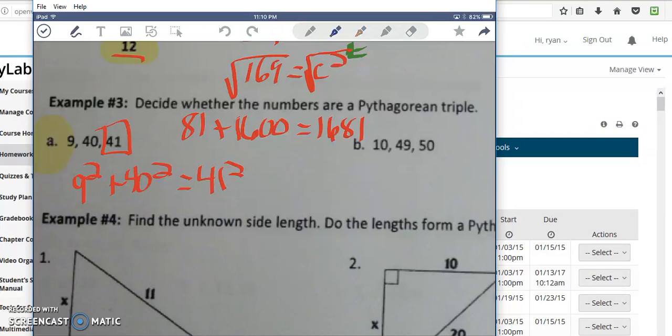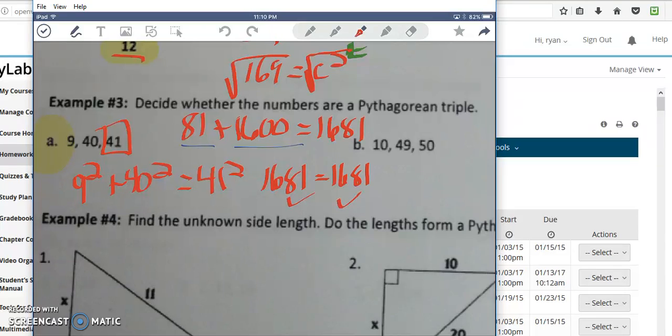By the time you add 81 and 1600 together, you end up with 1681, which is also equal to 1681. They check out. So yes, that will be a Pythagorean triple.